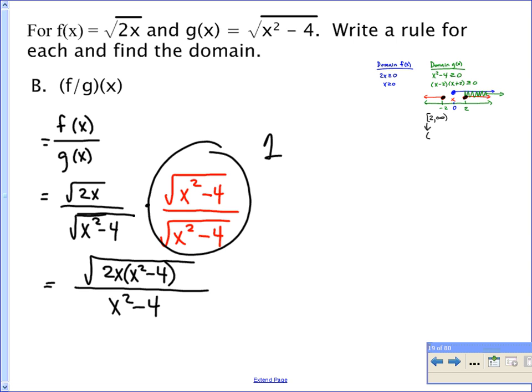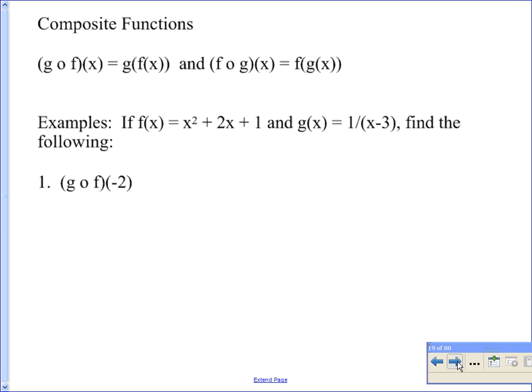And it's fine to leave it like that. And then we talk about the domain. The domain, we've already figured that out, is going to be from 2 to infinity. Okay, so we've taken care of sum, difference, product, and quotients.